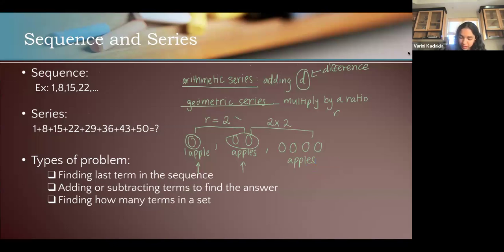So there are 2 types of geometric series. I'll just leave that on here. There are 2 types: finite, meaning ending, and infinite, meaning never ending.